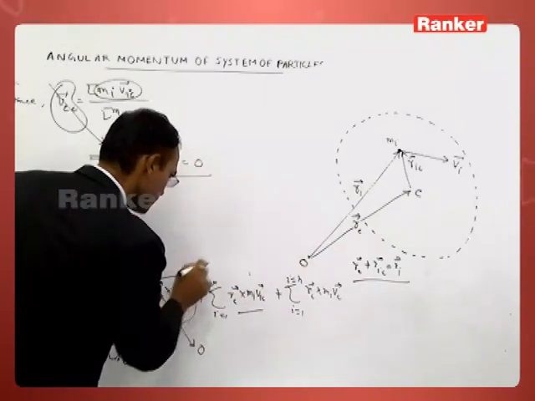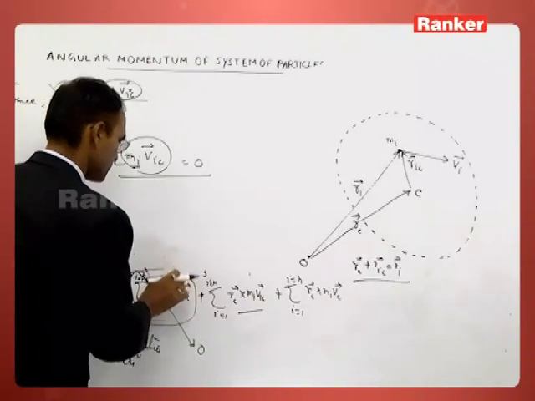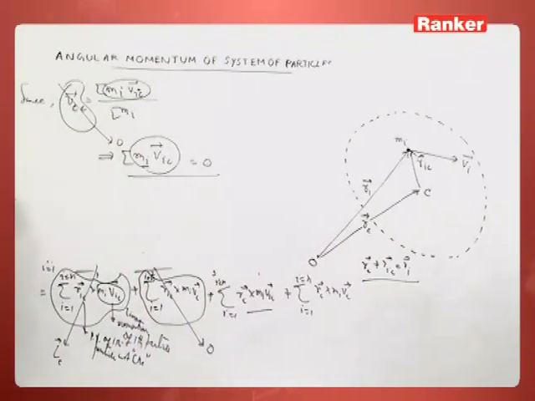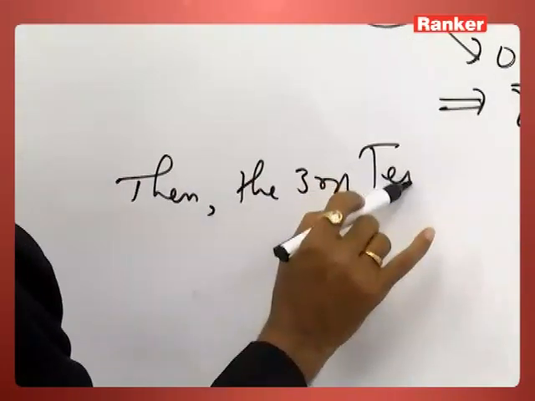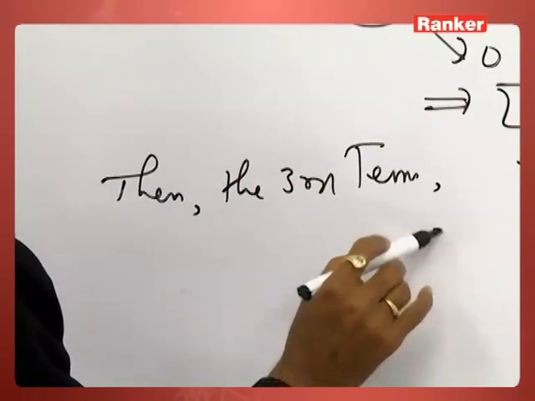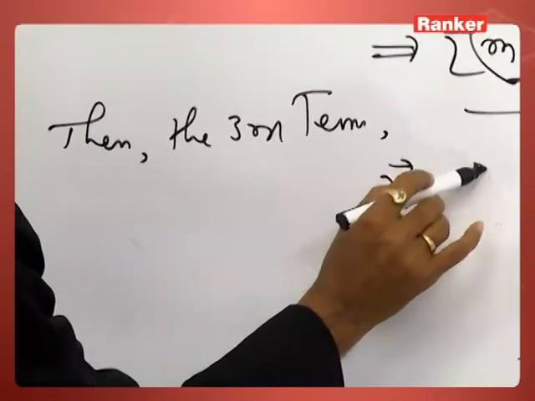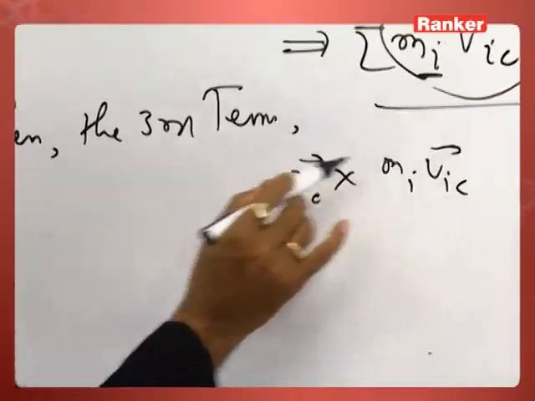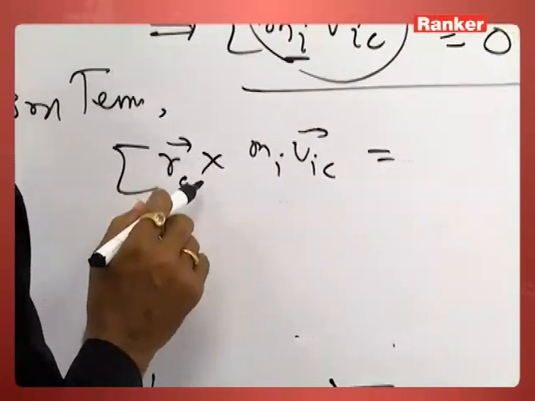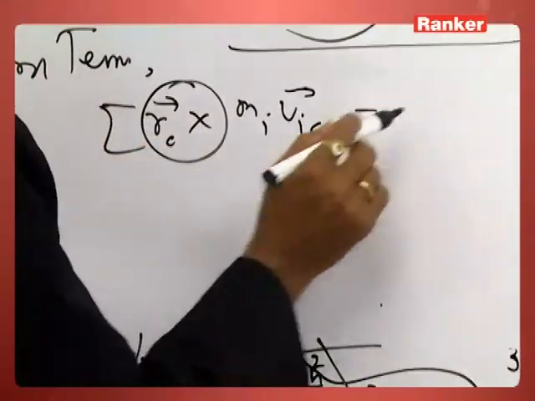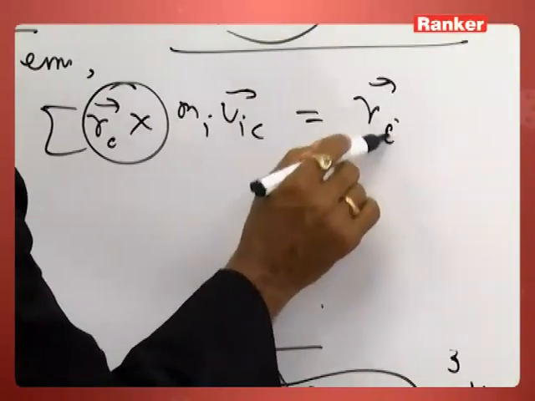So the third term, R_C cross m_i v_i^C, sum. You can take it out of the summation sign.